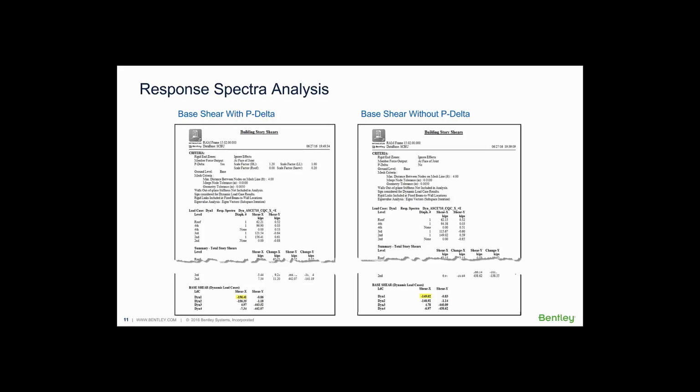And certainly with a structure where there's a lot of torsion going on, a lot of redistribution going on, what we will see is that whether you have P delta turned on or not does have an impact on those results above and beyond just the difference in the base shear.